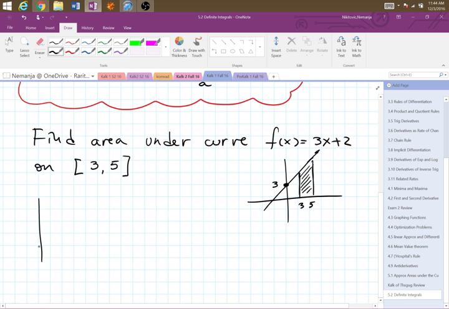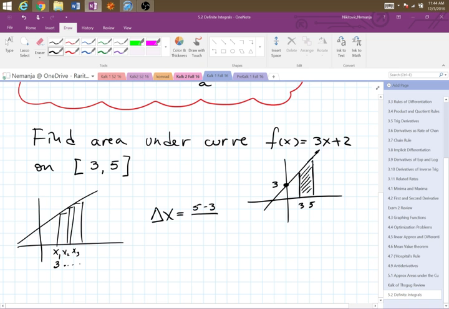We start by figuring out some of these rectangles. So x1, x2, x3, and so on. It starts at 3 and goes on. We compute delta x as 5 minus 3 over n, which is 2 over n.